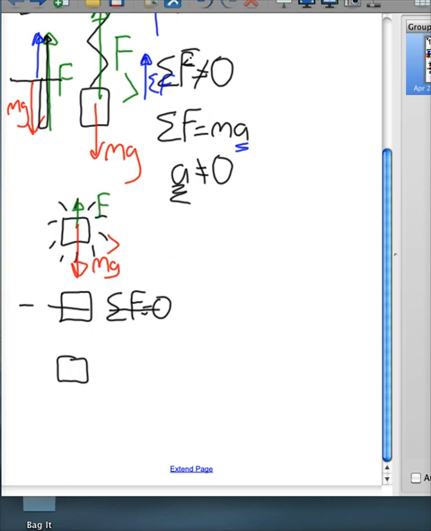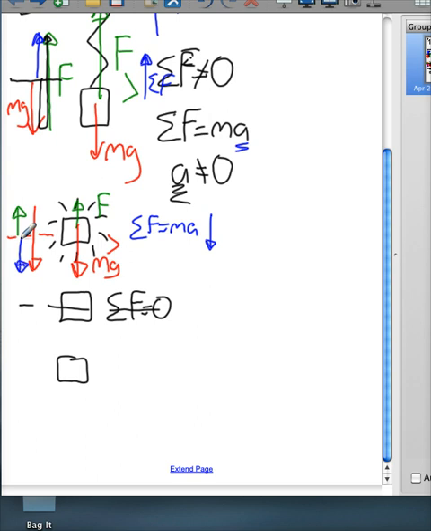We have a sum of the forces not equal to 0, and the sum of the forces are going to equal mass times acceleration, and it will be downward, okay, because the upward force plus the downward force, okay, if this is our rest position, this will be the sum of the forces, okay?